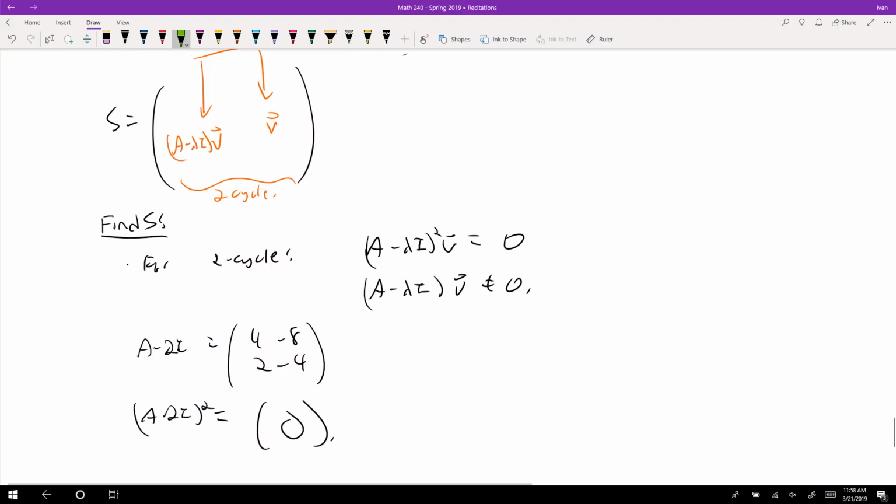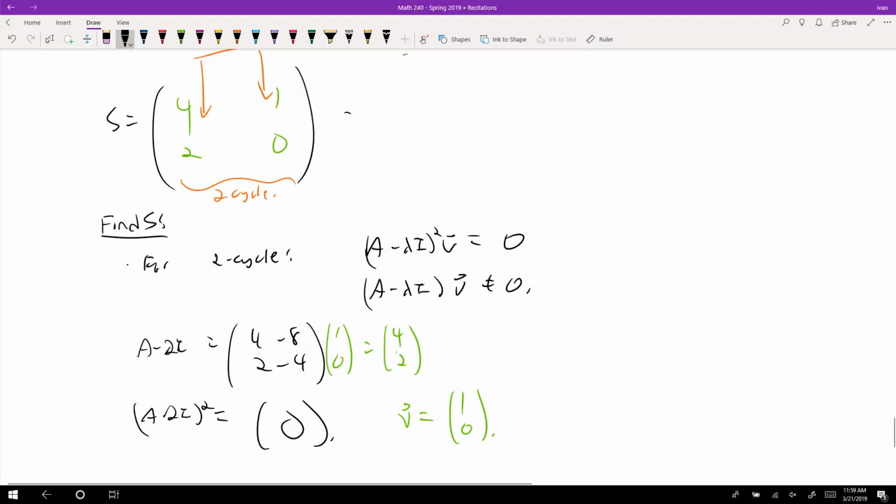So I'm going to pick my generalized eigenvector V to be 1, 0. If I multiply that here, I'll get 4, 2. So when we go back up here, this is A minus 2I times V, and this is my V. So I can replace this with 1, 0, and I can replace this with 4, 2.